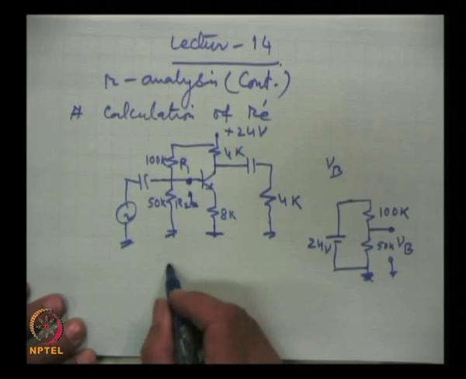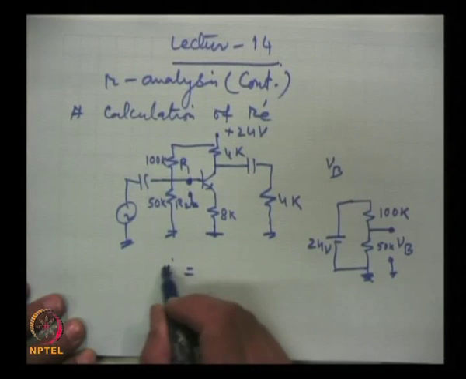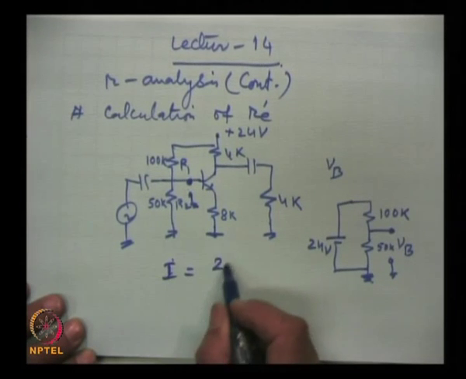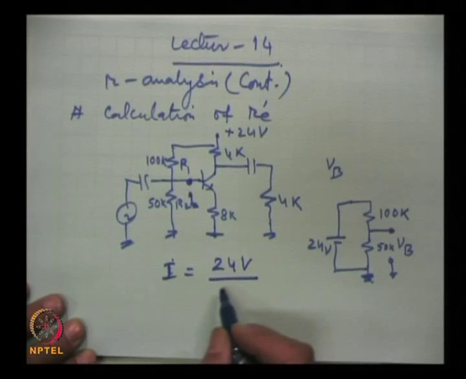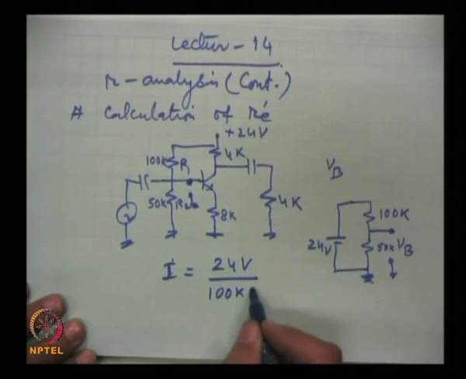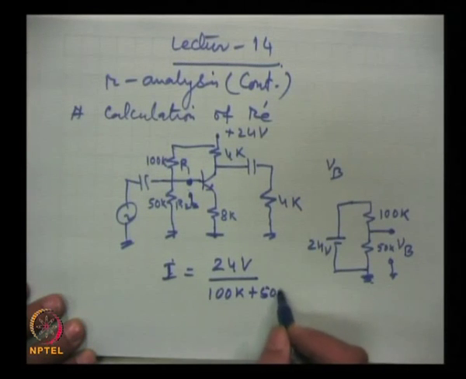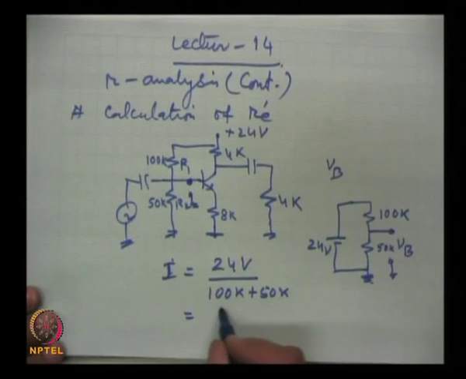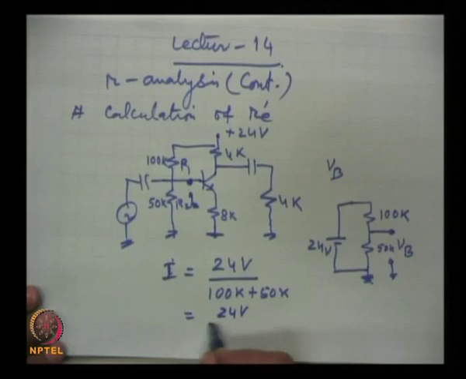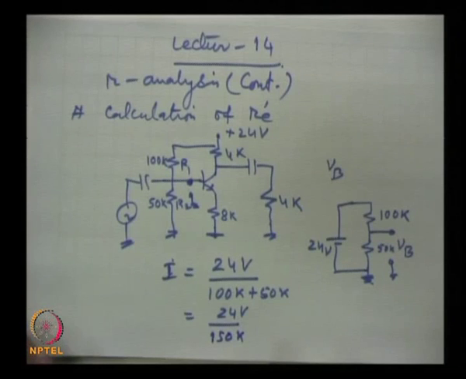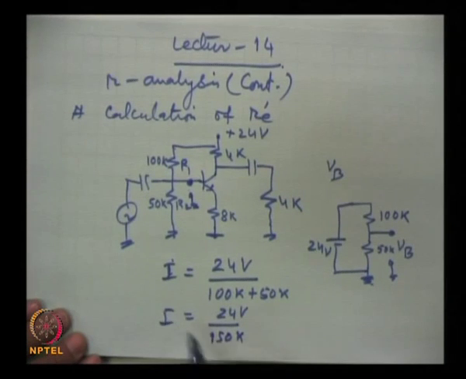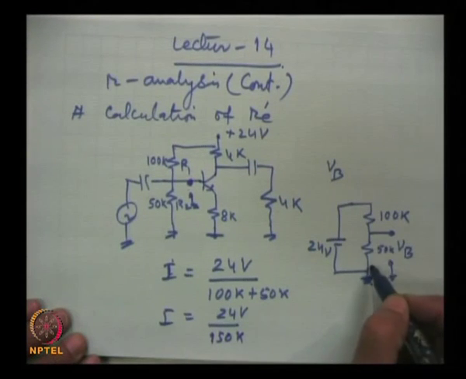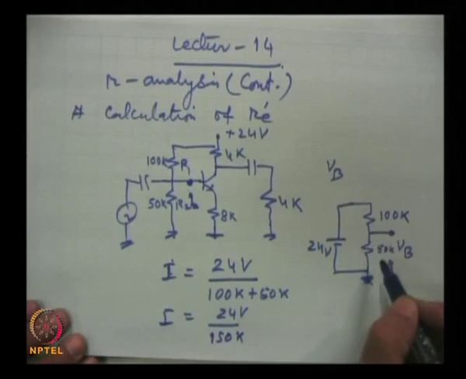So, the current will be 24 volts by 100 K plus 50 K, which is equal to 24 volts by 150 K, and this is the current. The voltage across the resistance is current into this resistance.